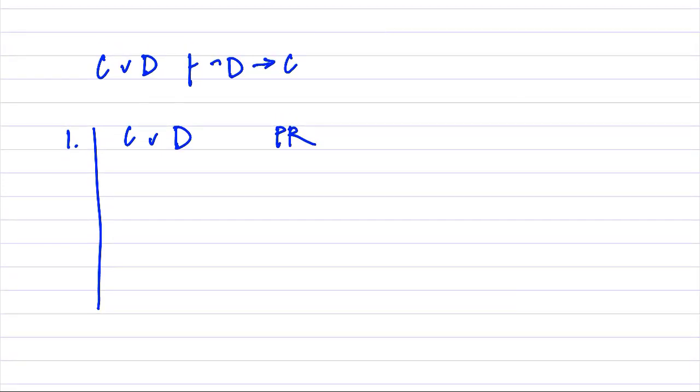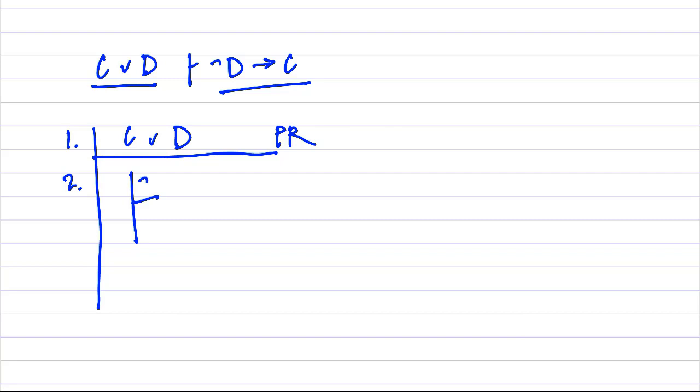So here we have, again, just one premise, C or D, and our conclusion is a conditional, not D or C. So our next step is, again, going to be to start a subproof. And we want to start the subproof with not D. And what we want to get, of course, is C, because that's going to be our consequent.